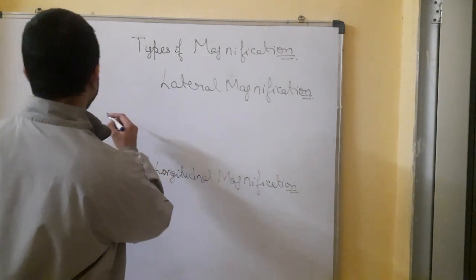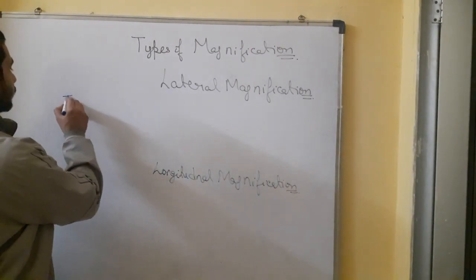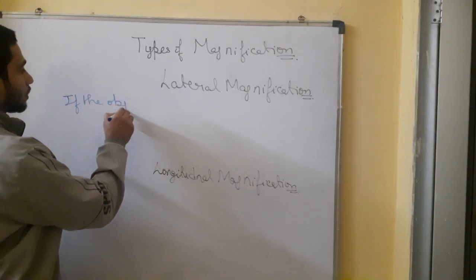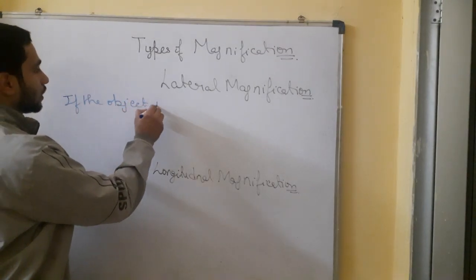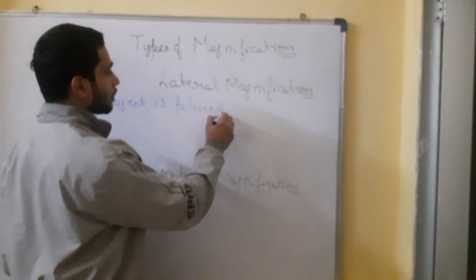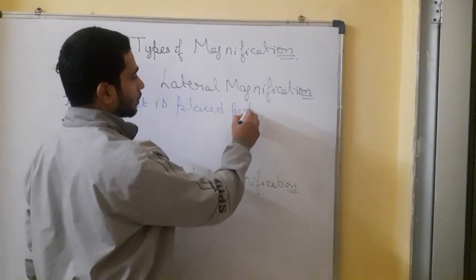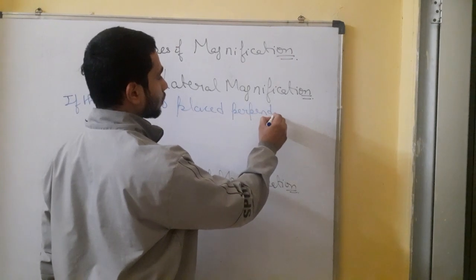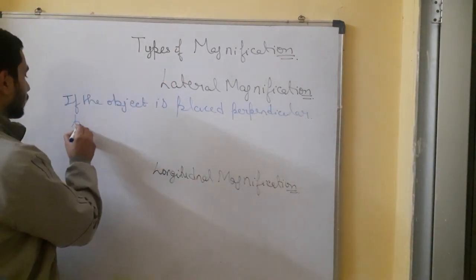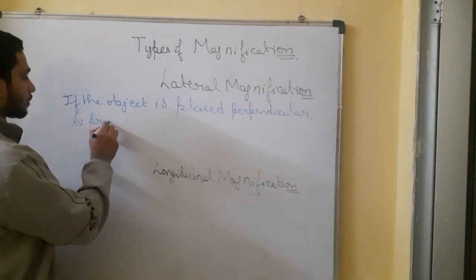In lateral magnification, the object is placed perpendicular to the principal axis.